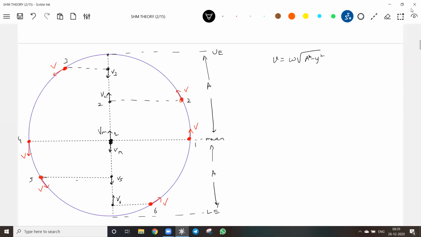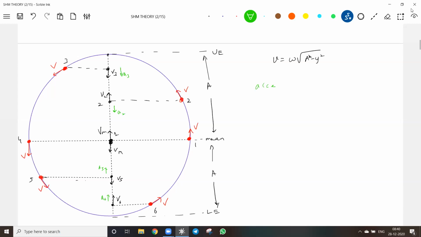So shall we put here like this how you have to show acceleration, A2. Now how will it be A3? It will be like this. What about A5? It should be like this. What about A6? It should be like this. So anywhere, the acceleration is always directed towards the mean position. There's one basic necessary condition.